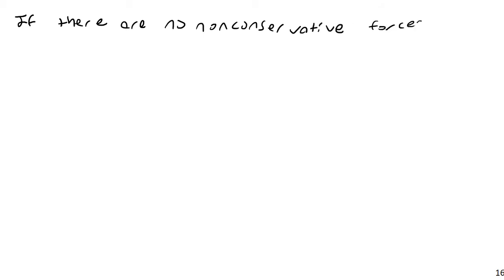Okay, so let us look at how we might work with some of these things. So again, the basic idea of the work energy equation, or the principle of work and kinetic energy, is, here's the basic idea. If there are no non-conservative forces acting on a body, then U from 1 to 2 will be equal to T2 minus T1.